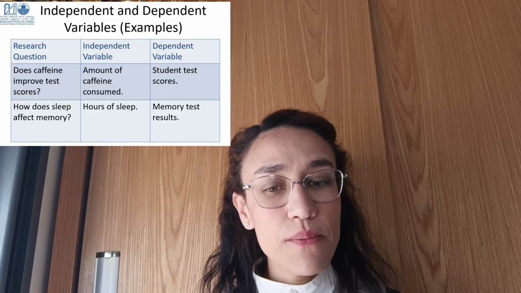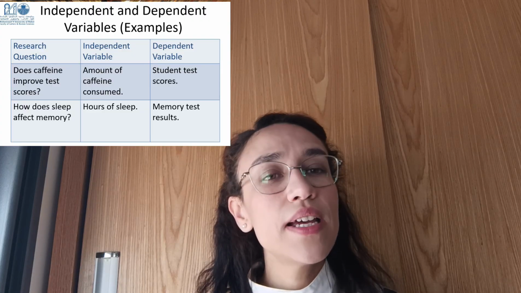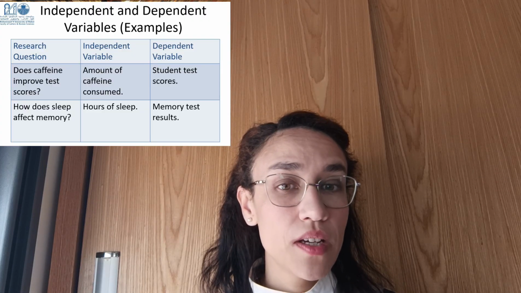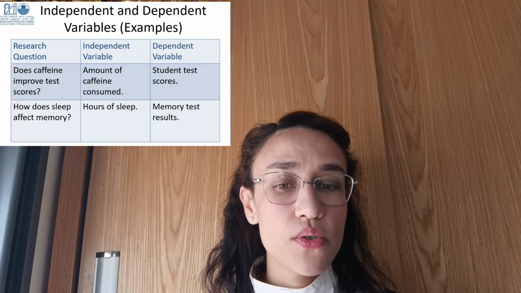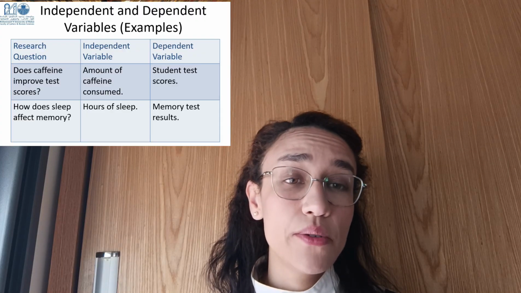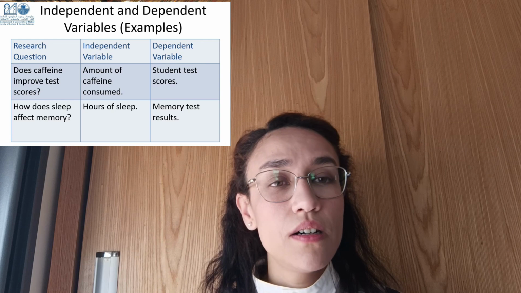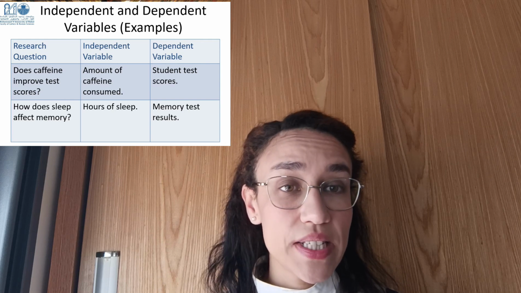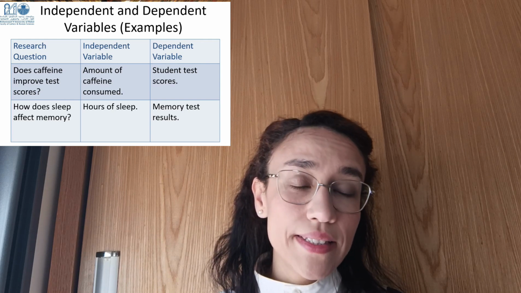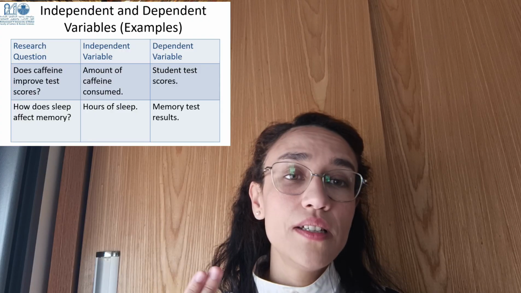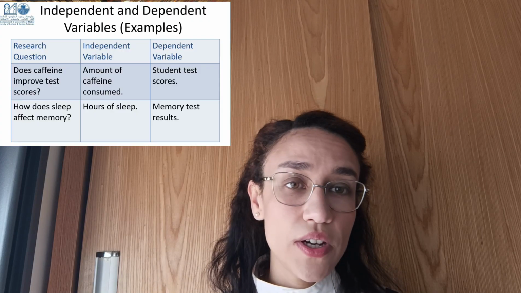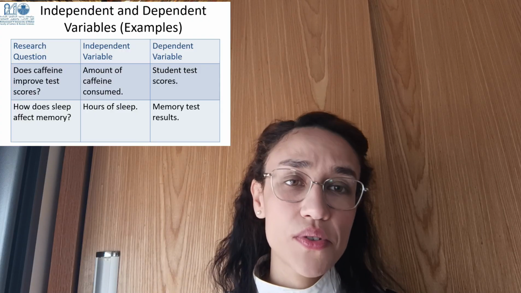The second example is how does sleep affect memory? So this is our research question, to figure out how sleep affects our memory. So the independent variable will be the hours of sleep, and the dependent variable will be the memory, to figure out the results of tests of memory.